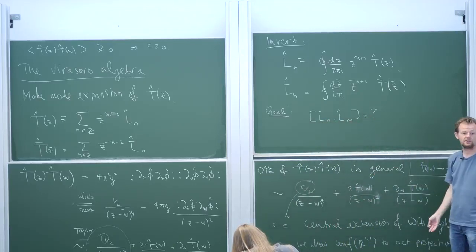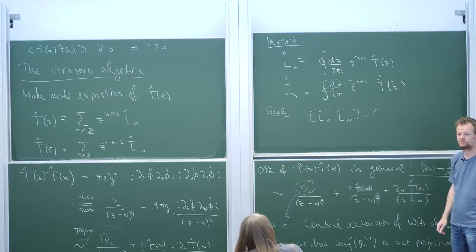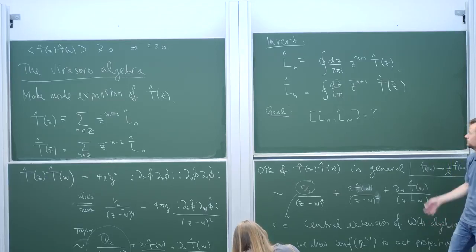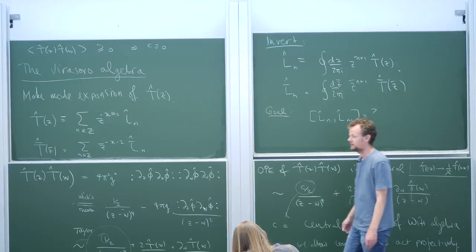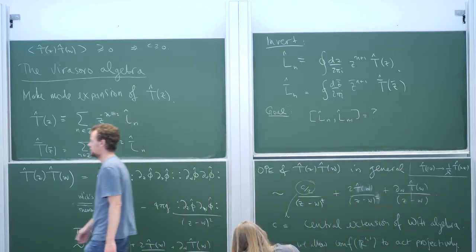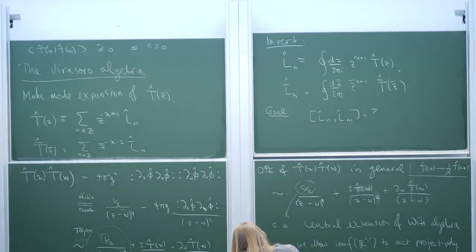And hopefully it's a linear combination of the Ln themselves. If so, that would be a Lie algebra, and we would have an algebra of operators which generate symmetries, and we would finally conclude that our system gives a quantum manifestation of the conformal symmetries. So in order to do that, we need to compute a commutator.